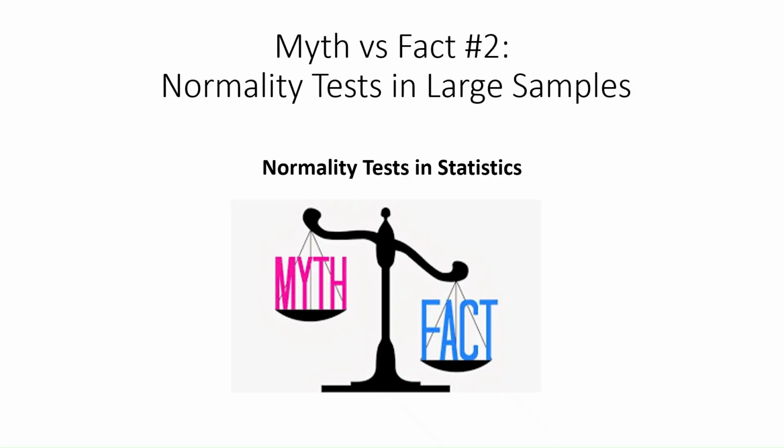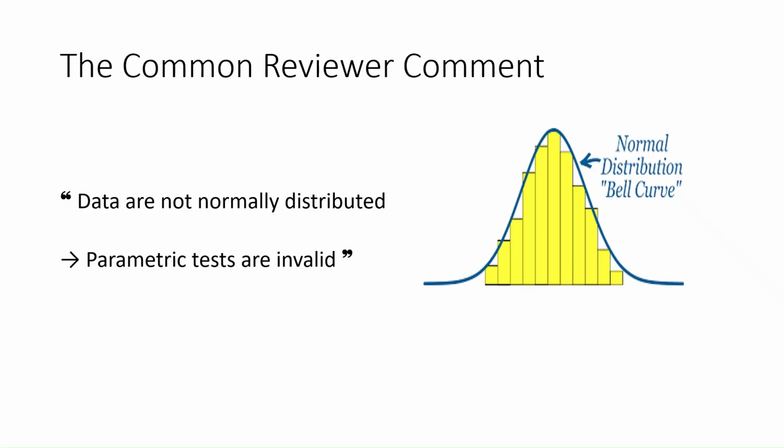This is our second video on myths and facts in statistics. One of the most frequent reasons for rejection of research papers and PhD theses is the statement that data are not normally distributed.